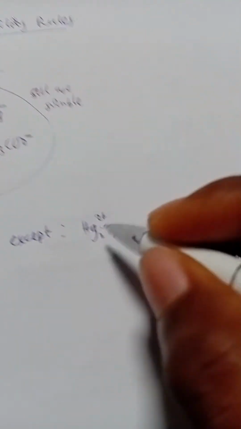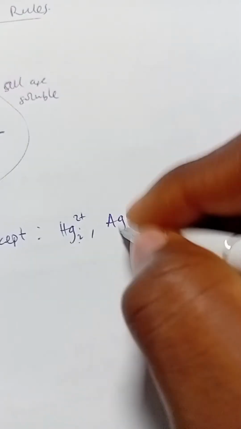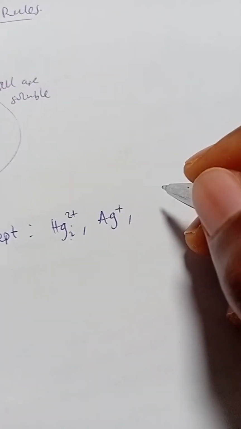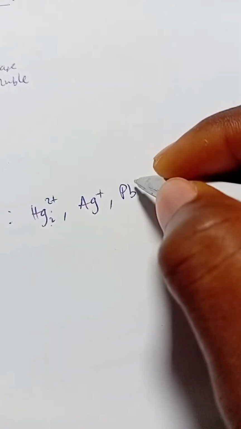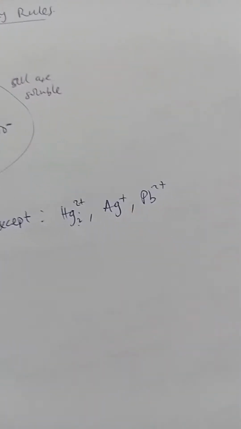We said these are soluble; we are looking at the soluble salts. If we see mercury, it's going to be what? Insoluble. If we see silver, it's going to be insoluble. And if we see lead, it's also going to be what? Insoluble.